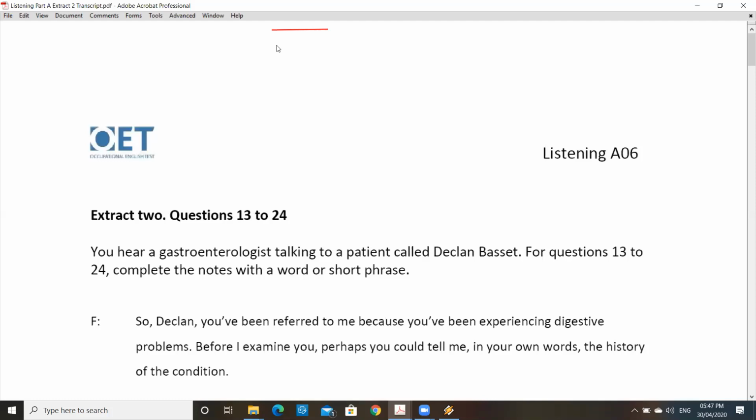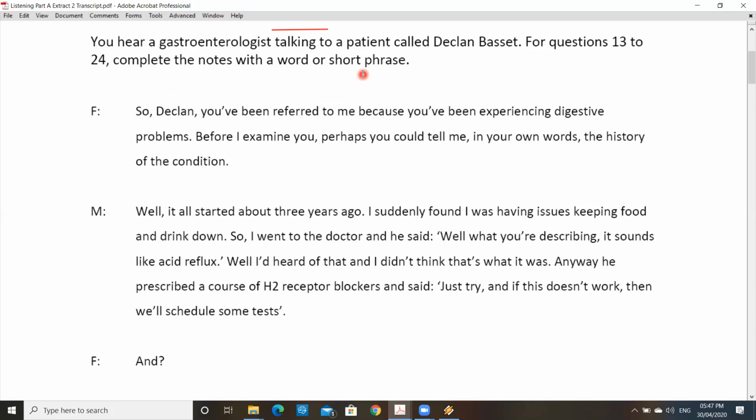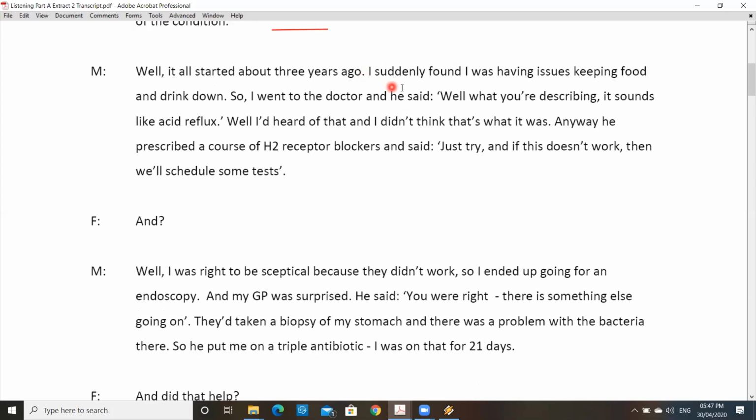So, I would just like to show you how the patient's language was used here and how you cannot expect to have the same words. For example, here, the patient said that, well, what the doctor said, well, what you are describing, it sounds like acid reflux. So he never said that he was diagnosed with acid reflux, right?